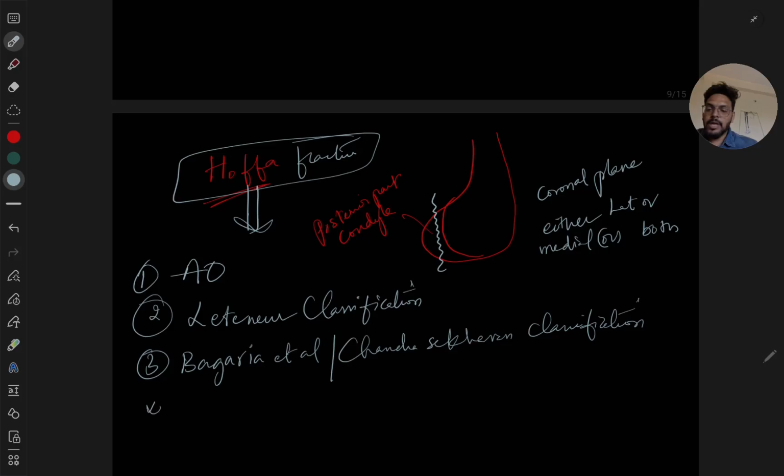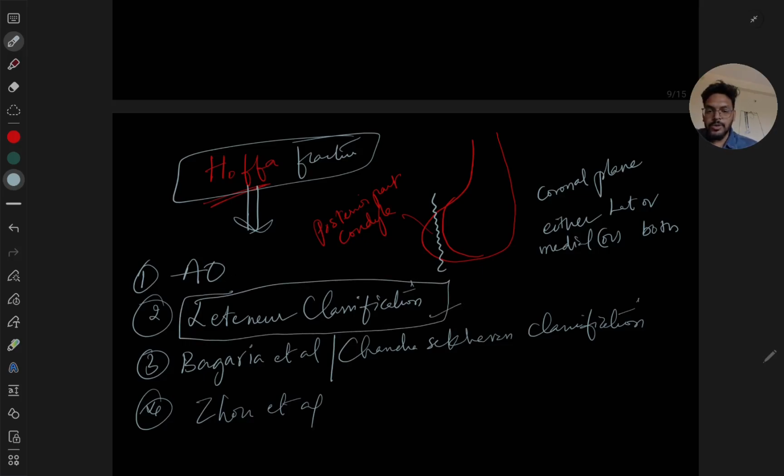And one more simple classification, Zhou et al., is also there. But the most clinically used classification is the Letournel classification. For Hoffa, the second most useful is the AO classification. Now recently, for prognosis and treatment management, Bagaria et al. is more commonly being used.